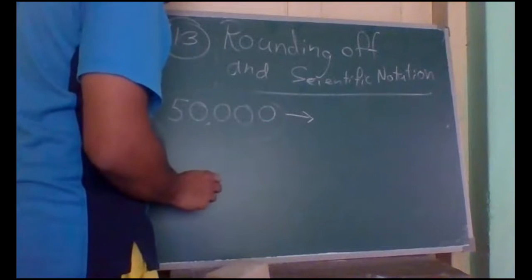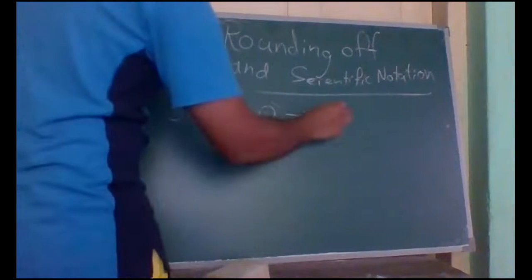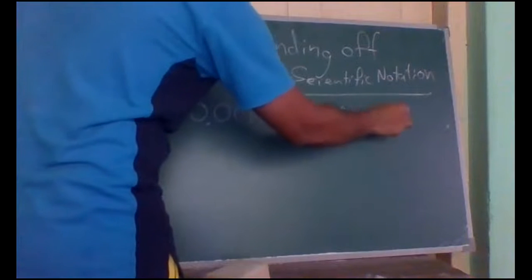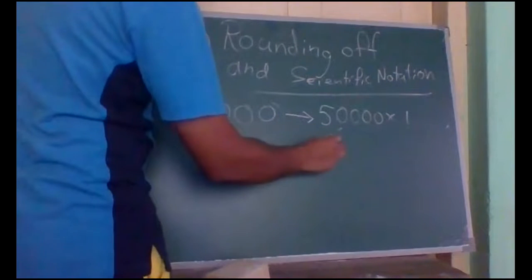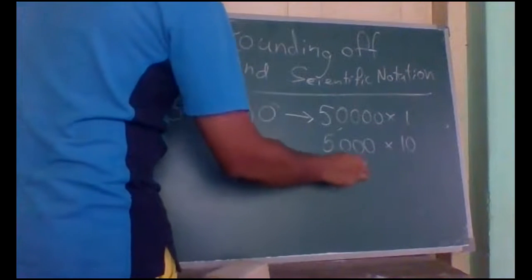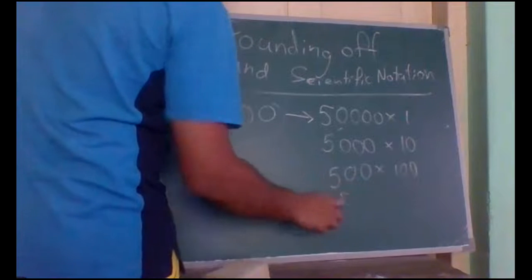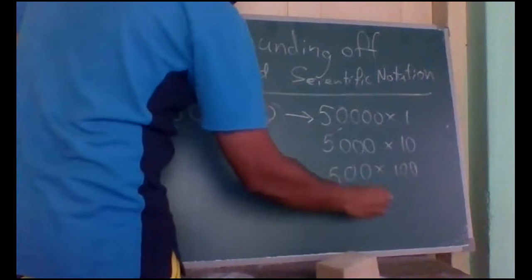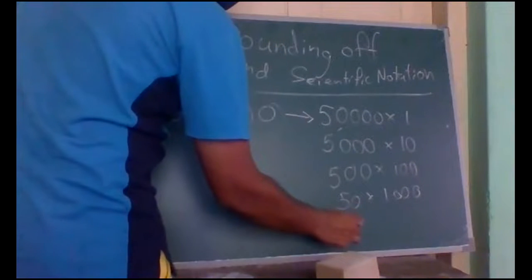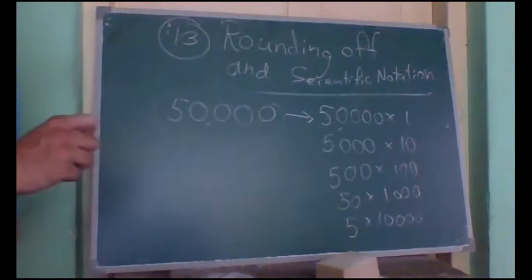We can write 50,000 into 1, 5,000 into 10, 500 into 100, 50 into 1,000, and 5 into 10,000. You have to know these things.